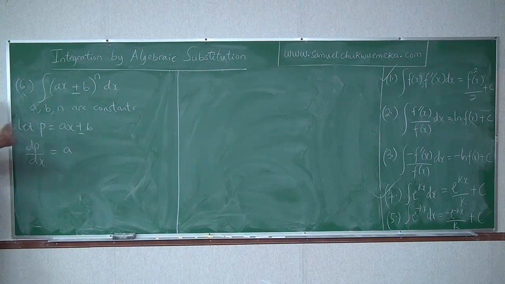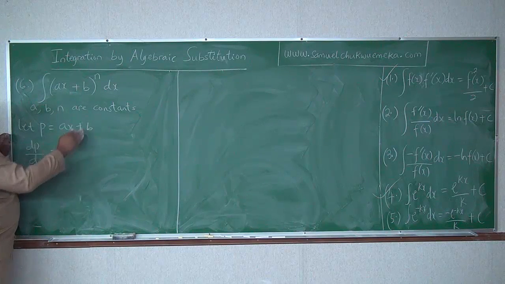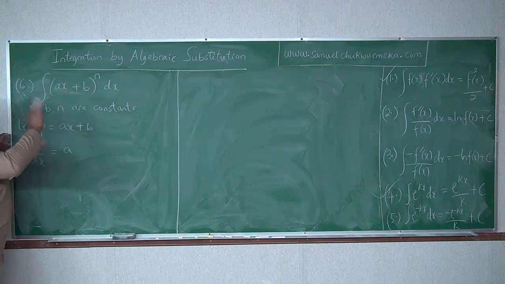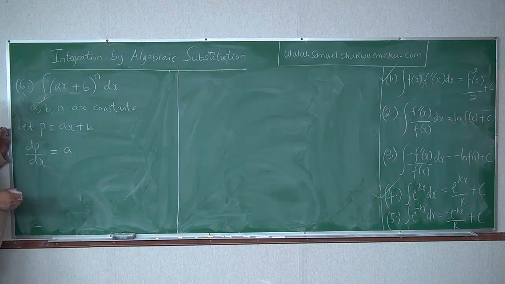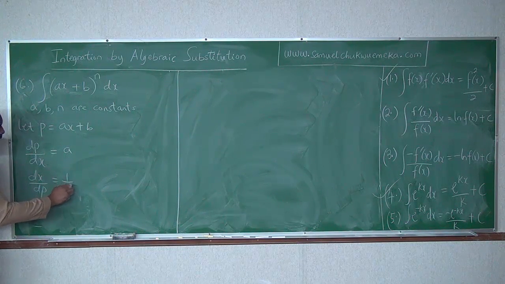Alright, so the dp dx will give us a, because the b is gone anyway. I don't want to confuse you, so let me just do plus, and let me just finish with plus. So the dp dx is a. The next thing, the dx dp, is 1 over a.